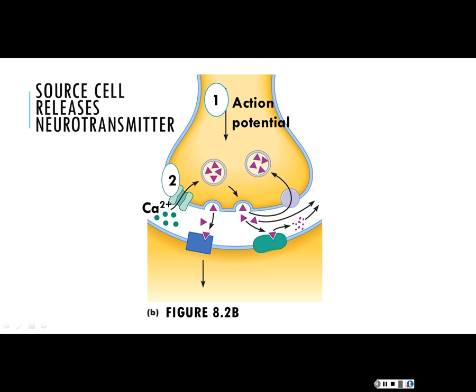Go ahead and label it as such, that it's voltage-gated. These are going to open only when we change the voltage to generate an action potential. We open our voltage-gated calcium channels at the axon terminal of the presynaptic cell when an action potential is present.